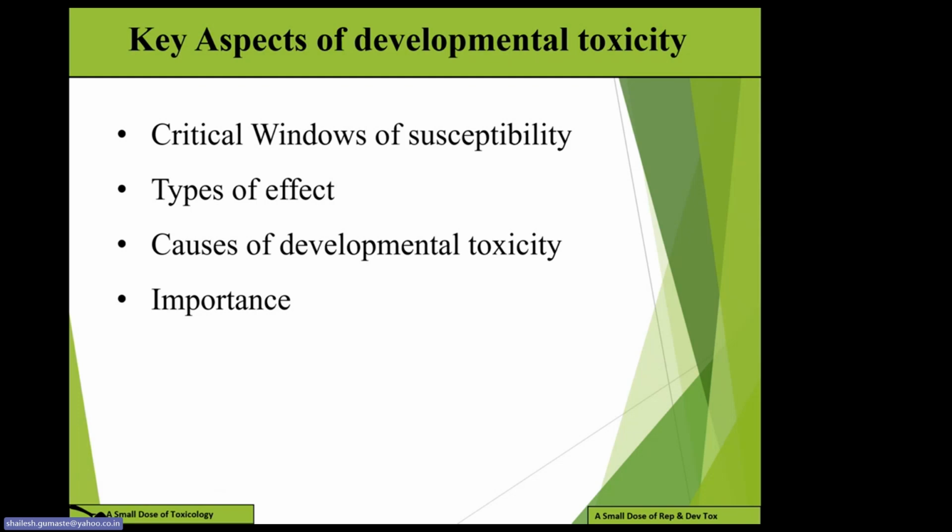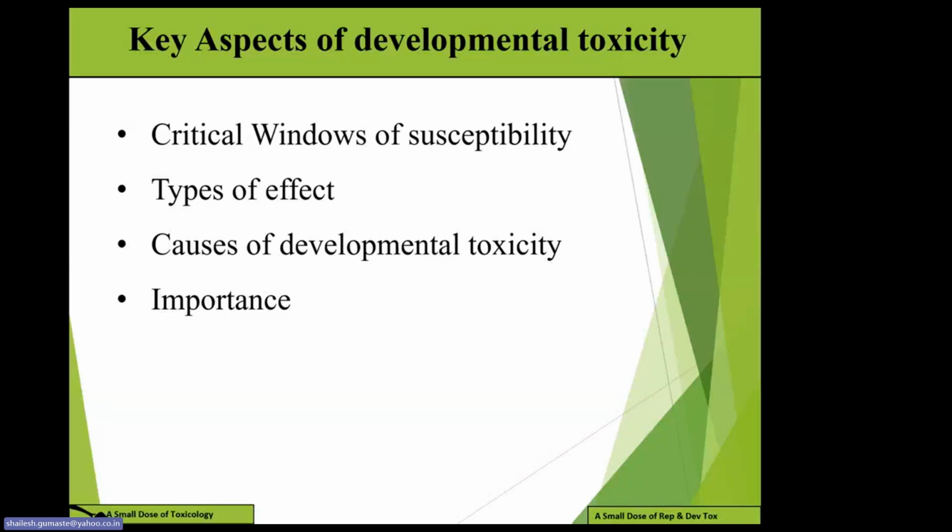Teratogenicity, that is the induction of structural malformations, heart defects, cleft palate, etc. The causes of developmental toxicity are environmental agents or maternal factors. Environmental agents means exposure to pollutants, for example, pesticides, heavy metals, radiation, or certain drugs.